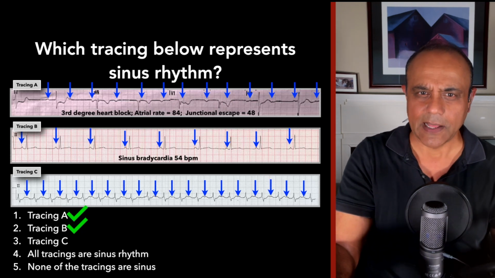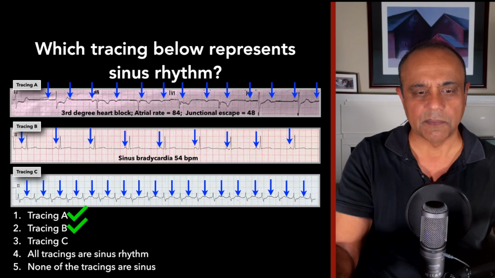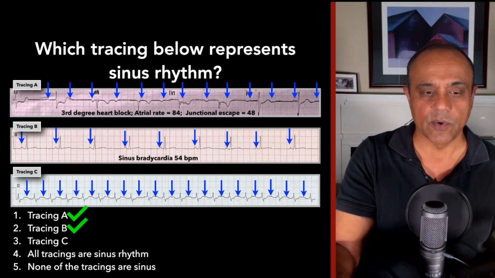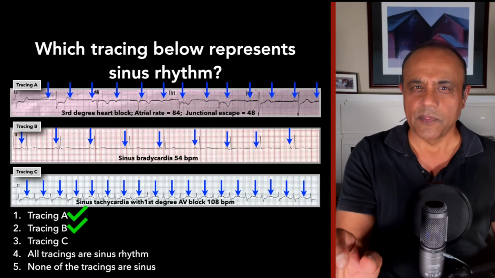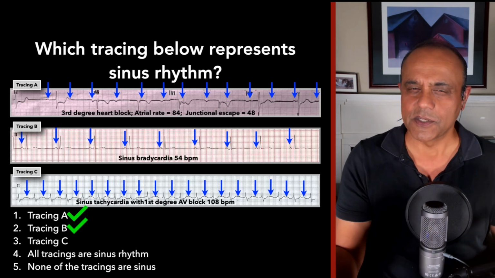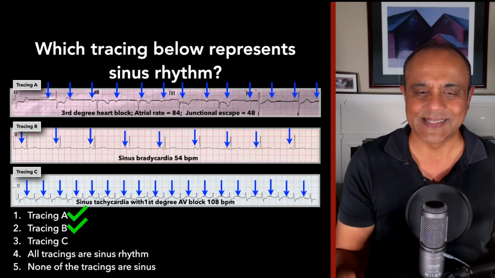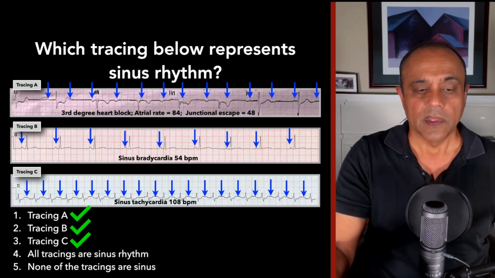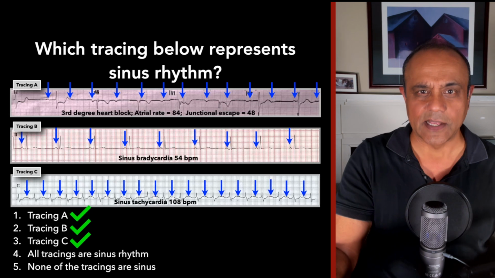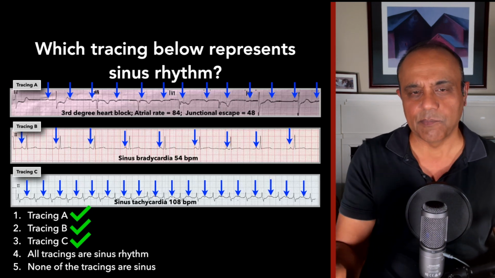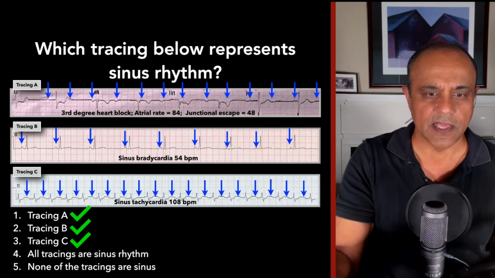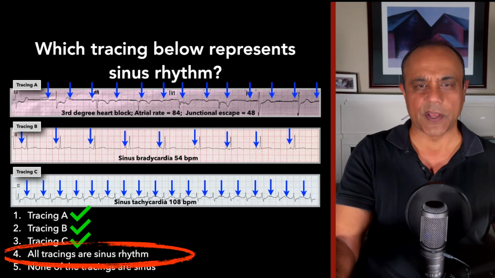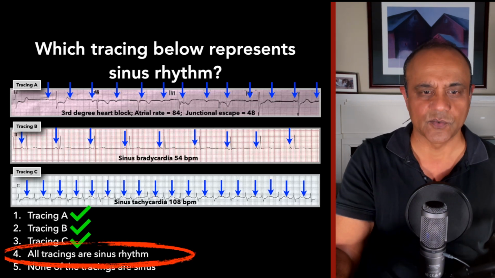But if you count out the P waves, there are actually P waves preceding every QRS complex, but there's a delay of more than 200 milliseconds, and this is what makes it sinus tachycardia with a first degree AV block. So this, however, still is a sinus rhythm because the impulse originates from the SA node. So all tracings, in fact, are sinus rhythm.